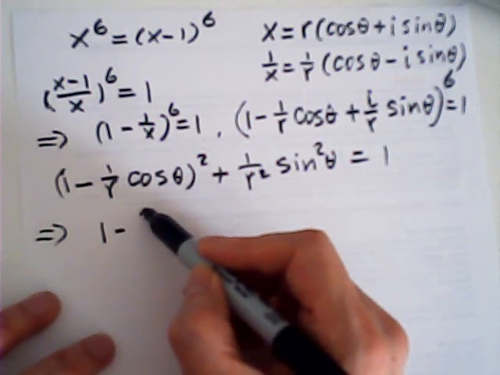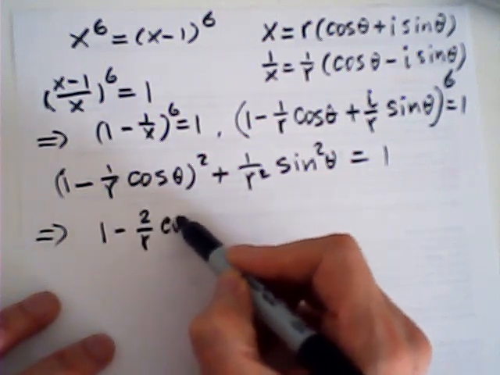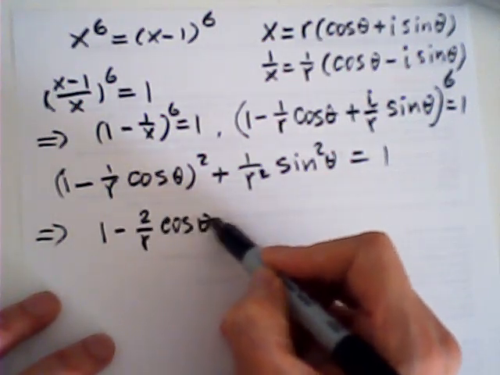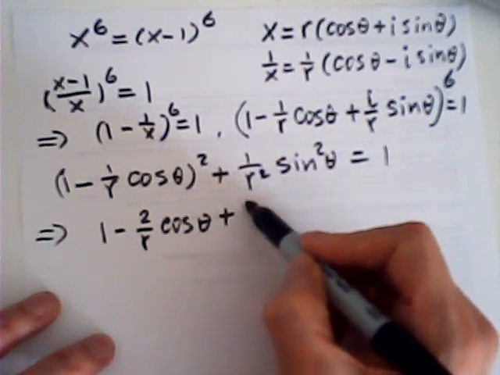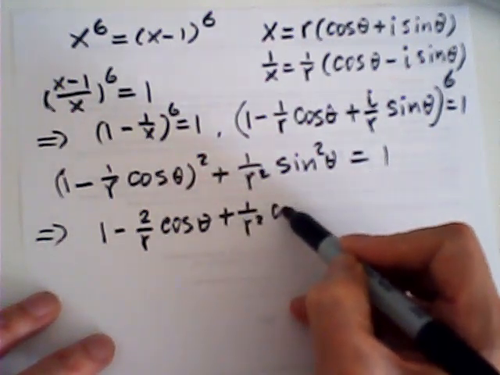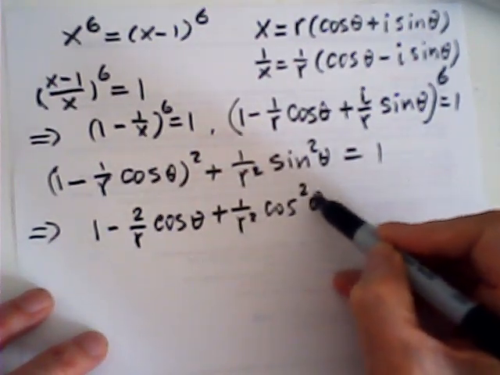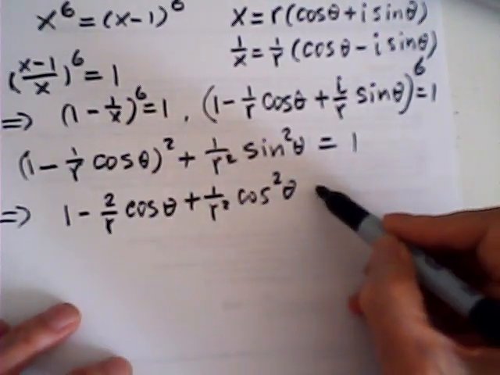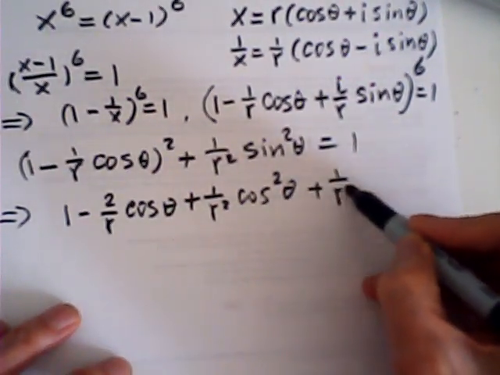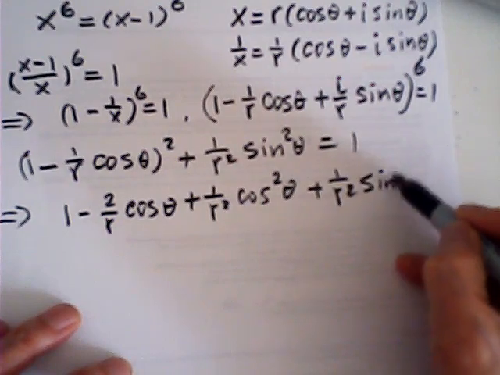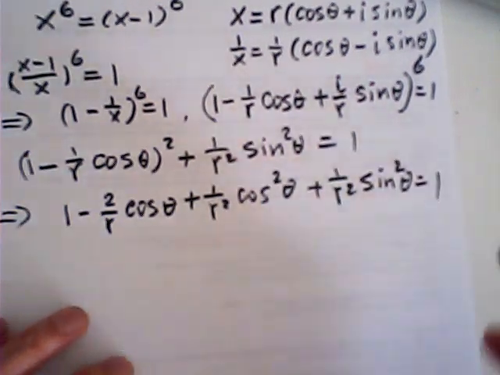Now this means 1 minus 2 over r cosine theta plus 1 over r squared cosine squared plus 1 over r squared sine squared theta is equal to 1.